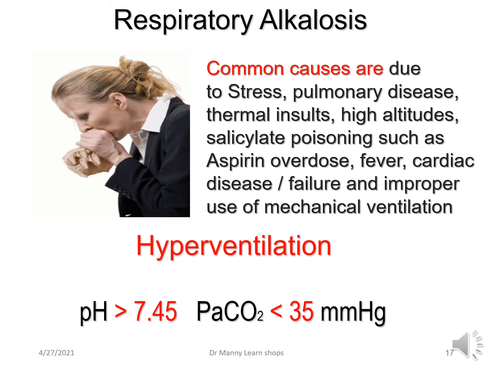But in this situation, respiratory alkalosis, we're talking about hyperventilation. And hyperventilation will result in a pH that is greater than 7.45 and a PaCO2 of less than 35 millimeters of mercury. You're exhaling too much carbon dioxide.